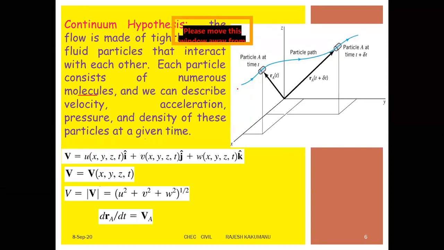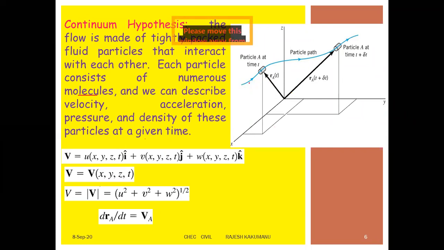Now if you take a 3D space in a fluid, with the x-axis, y-axis and z-axis starting from 0, here the particle A is moving at a time t. There will be hundreds, thousands, lakhs of such objects in this space. So we are considering one particle.